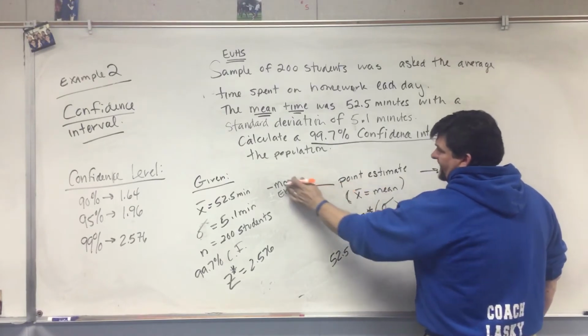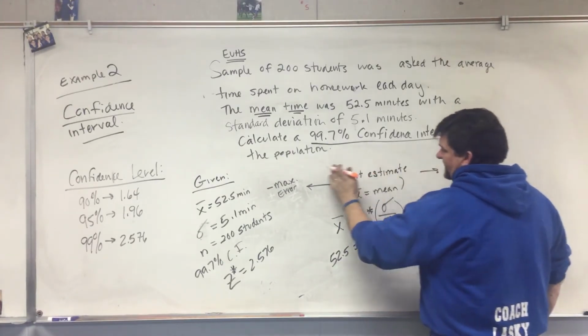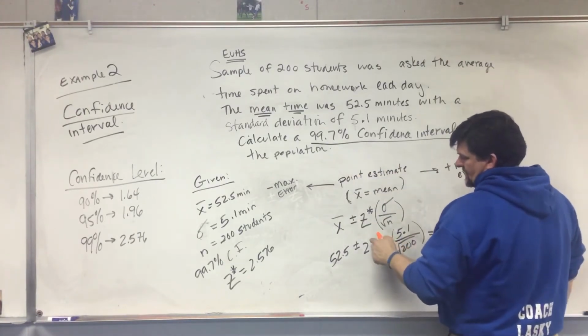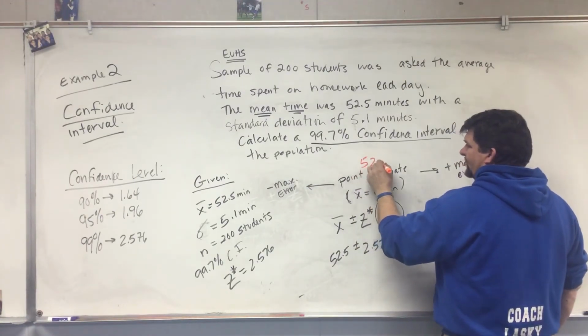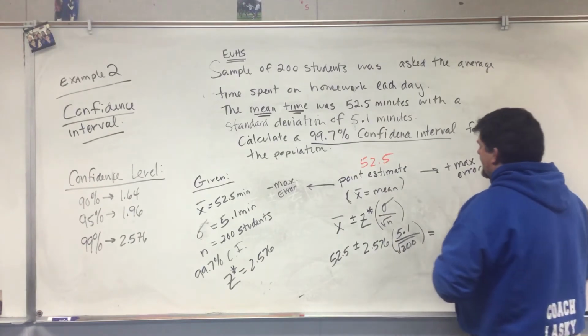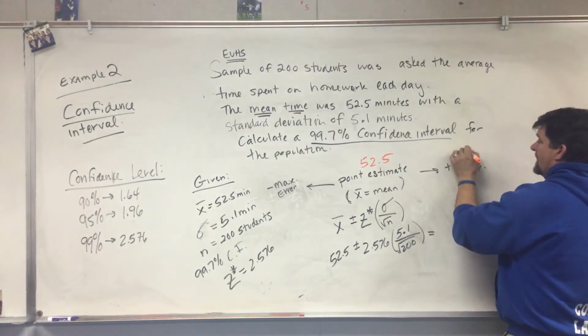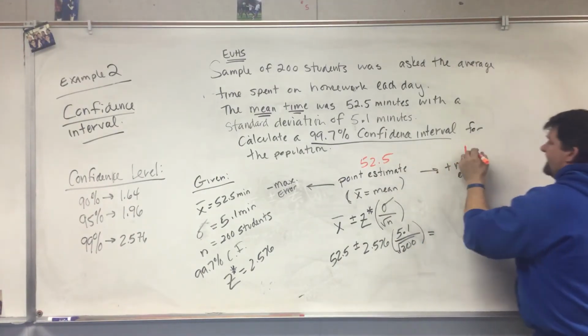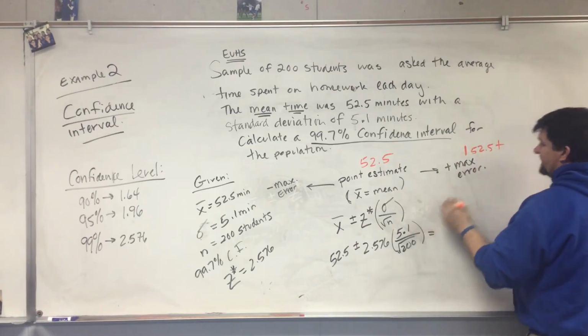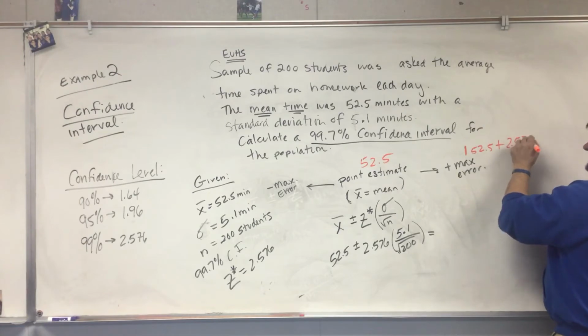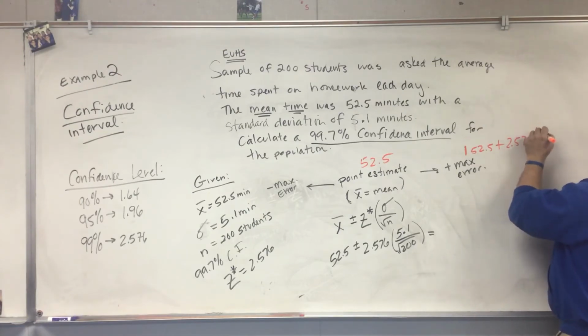If I'm looking at my confidence interval, I've got my point estimate, which is 52.5. And then over here, I have 52.5 plus 2.576 times 5.1 divided by the square root of 200.